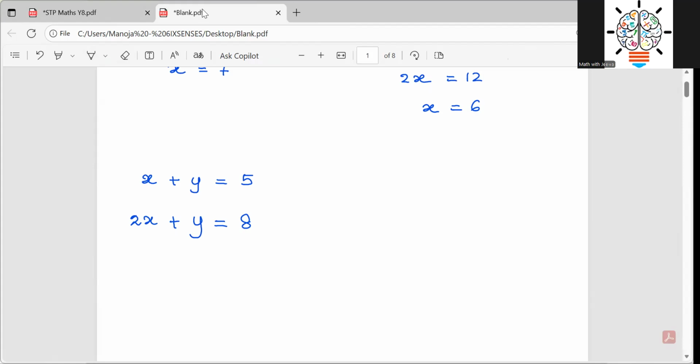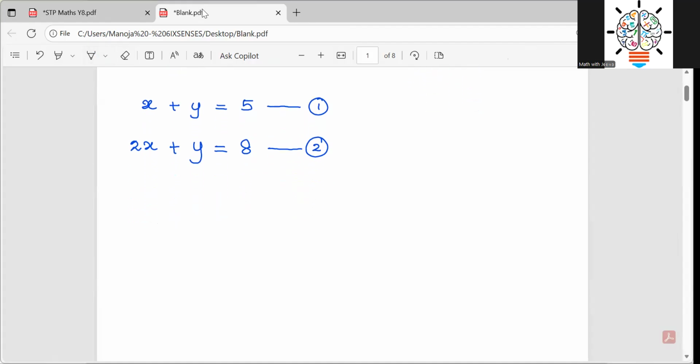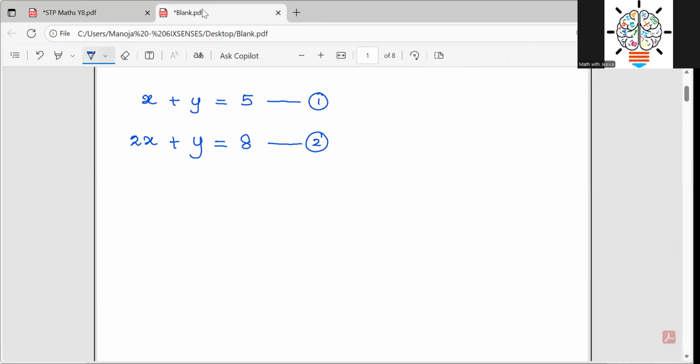Children, when you have these kind of things, the very first thing you should do, you number the equations. Number 1 and number 2. That's the very first thing you should do. After that, you want to write down the coefficient of each variable.